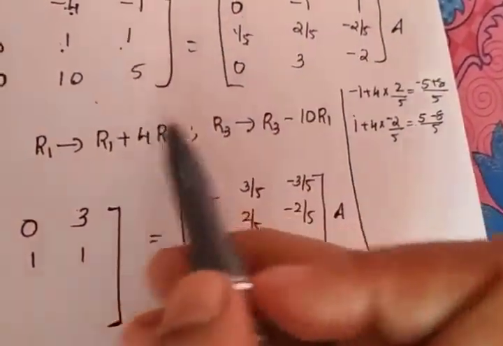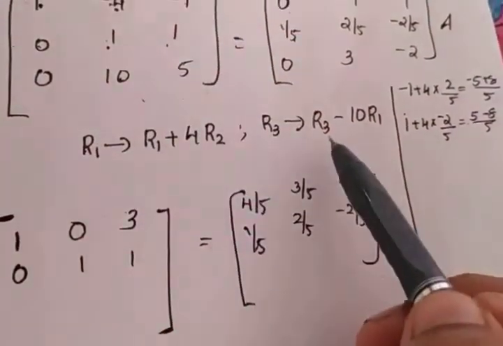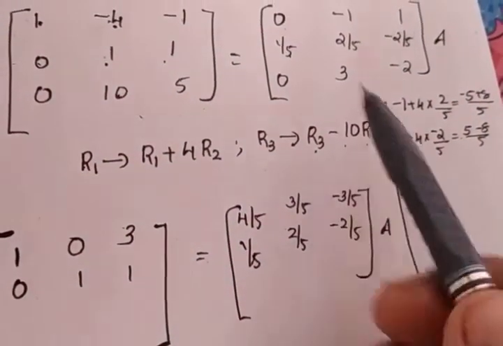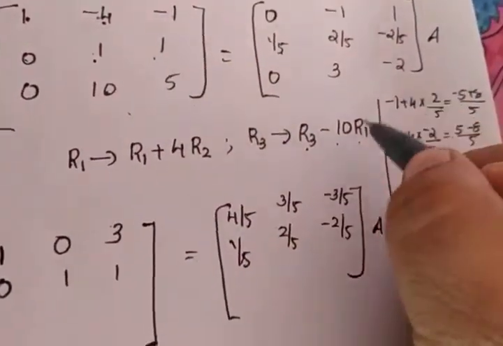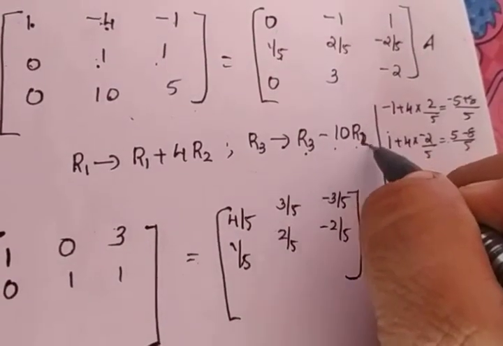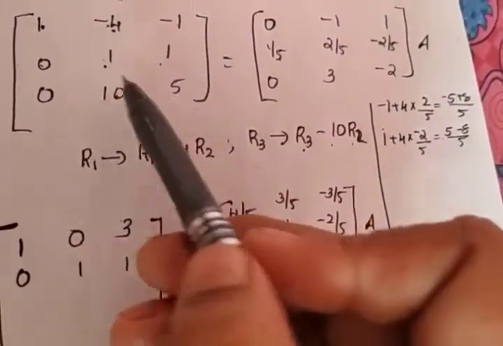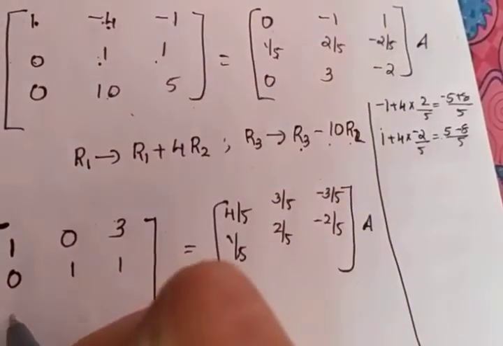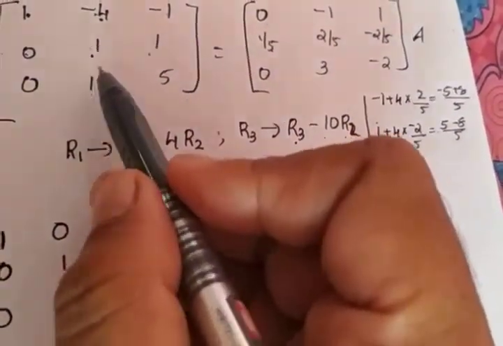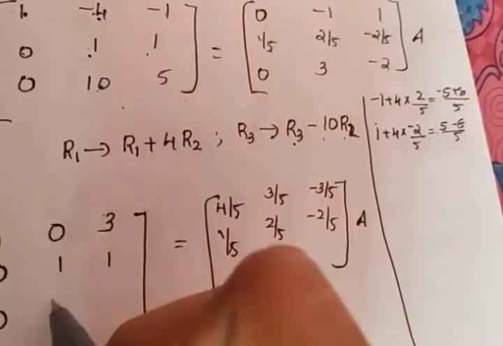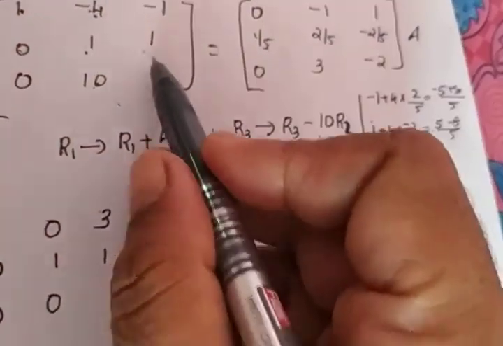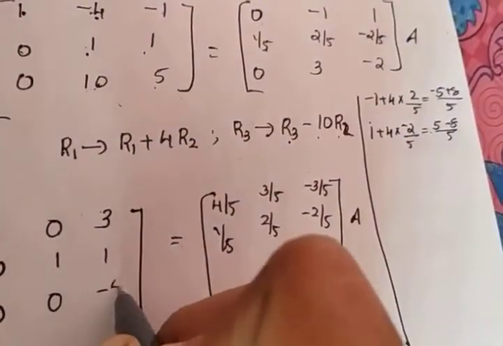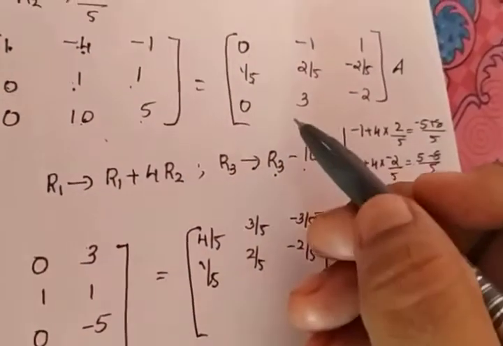Okay. What about the third row? Third row, what we have to do is R3 minus 10R1. Not R1, sorry, it's R2. So we have to multiply the second row with 10 and subtract. So 0 minus 0, since it is 0, no changes there. 10 minus 10 into 1, that is 10 minus 10, 0. 5 minus 10 into 1, that is minus 5. And what happens to the right side?